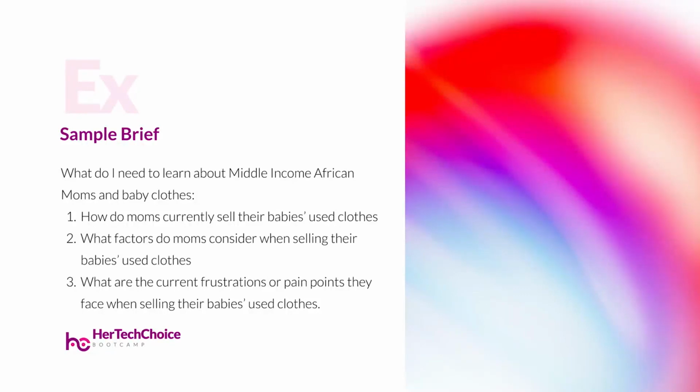Then we need to learn basic things about these middle income African moms and baby clothes. For example, we need to know how moms currently sell their baby used clothes. Then what factors do mothers consider when selling their babies' used clothes? And what are the current frustrations or pain points they face when selling their baby used clothes?